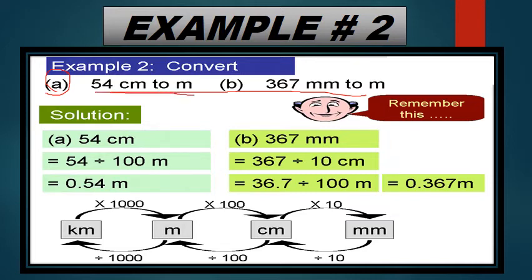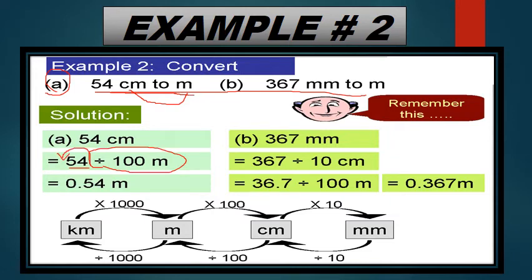We are converting centimeter to meter, smaller to bigger unit. As we all know that 1 meter is equal to 100 centimeter, so we divide this 54 by 100. When we divide 54 by 100, we move the decimal point of 54 2 places to the left.